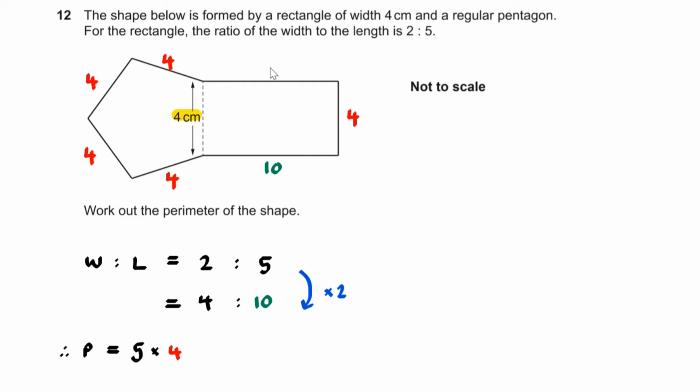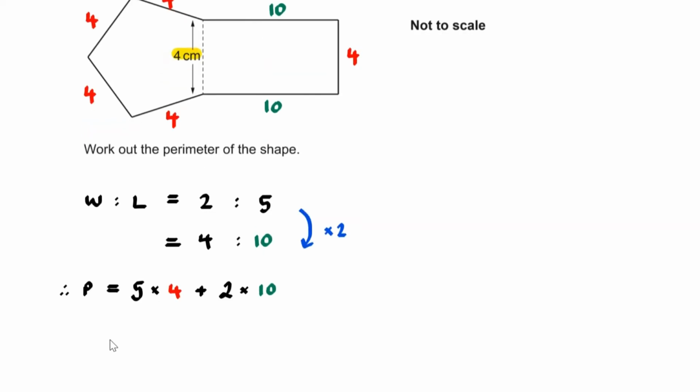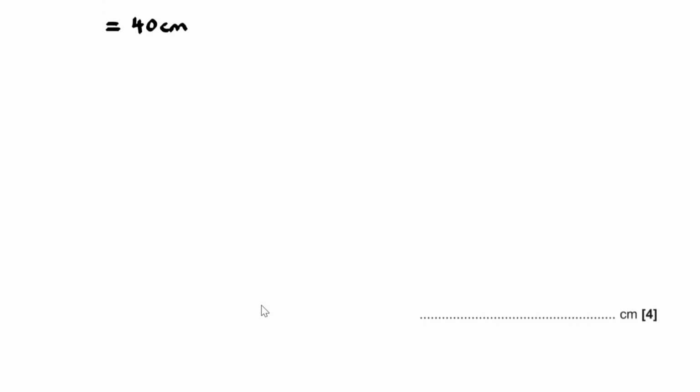And then we've got this 10 appearing twice. So we've got 20 plus 20, which is 40. So we have 40 centimeters.